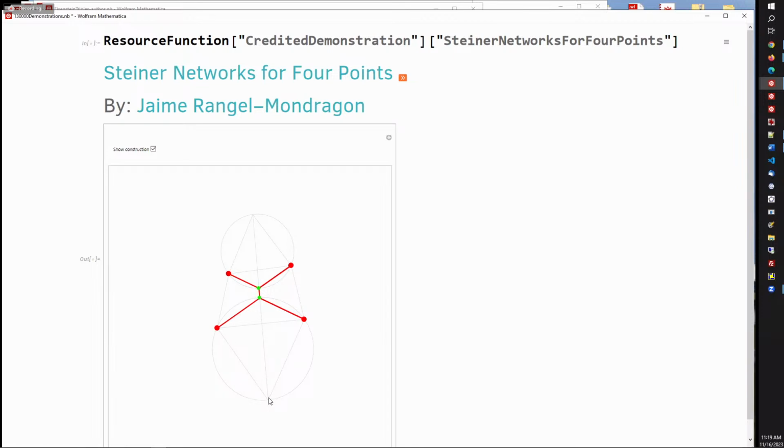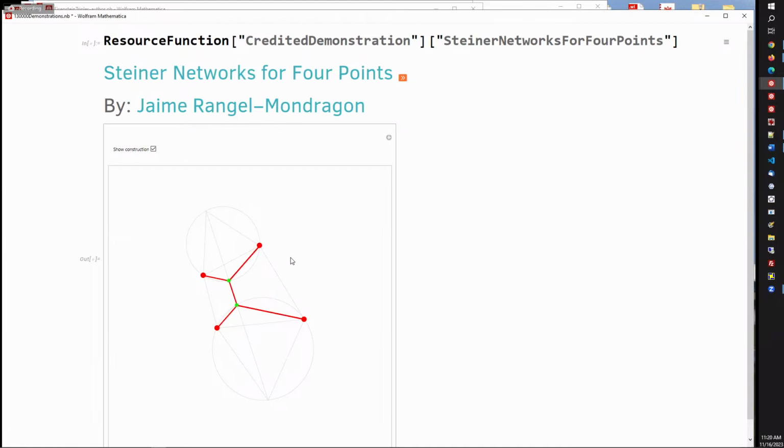So we've got this point making an equilateral triangle and these 2 points making an equilateral triangle. You draw a connecting line between the points of the equilateral triangle, then draw the circumcircles through the equilateral triangle vertex and the 2 vertices, to get a fourth point, and it's on the line between the vertices that you use to find the Steiner network.